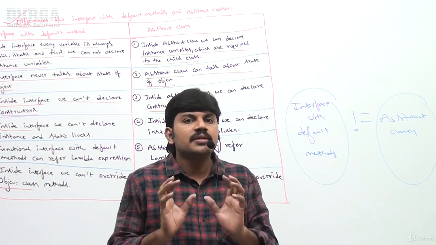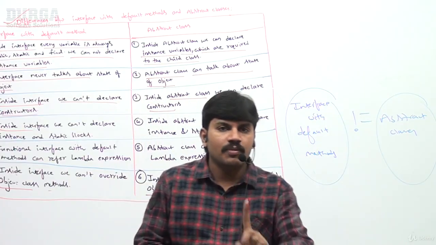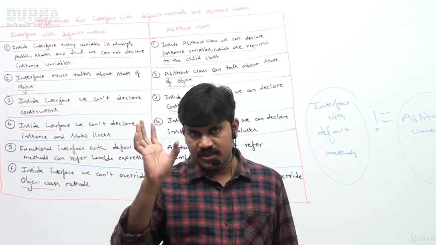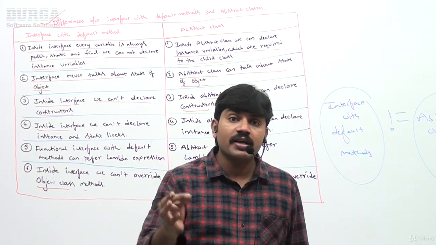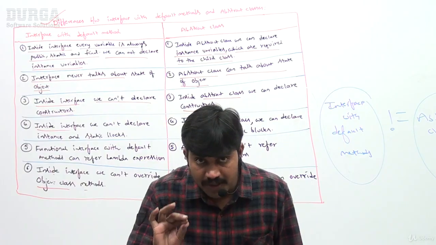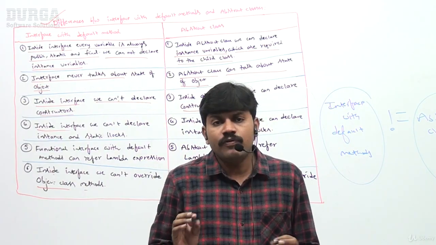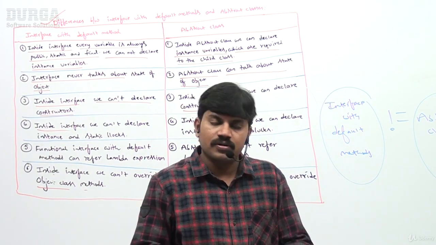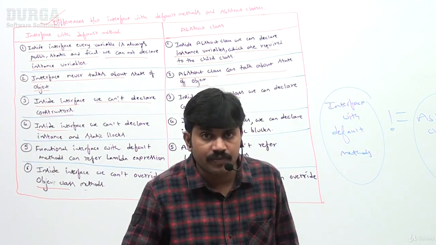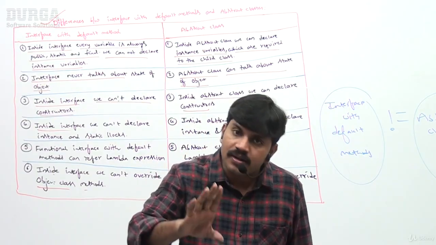That's all, sir. These are the various important loopholes about the default method. Sir, what is a default method? How to declare a default method? Next, how can I use a default method in the implementation class? Next, is it possible to override a default method inside an interface or not? Is an Object class method as a default method inside an interface possible or not? What is the reason for that?